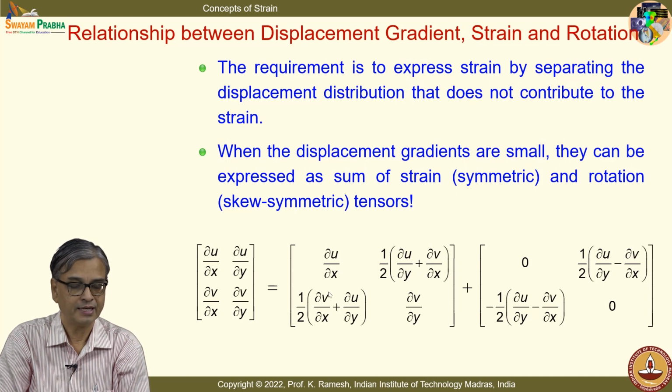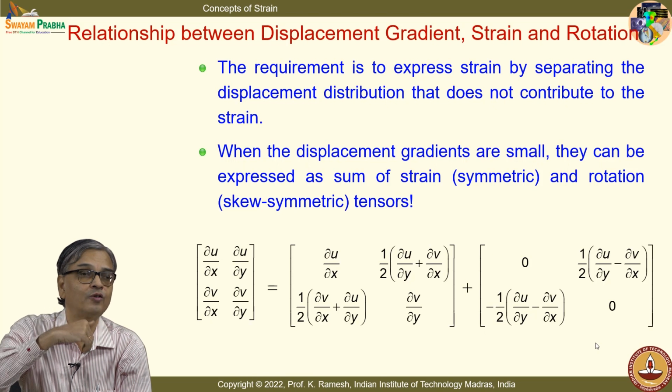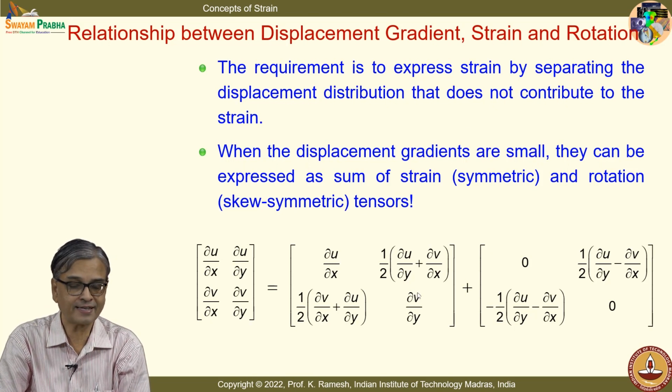These are all equivalent values, though the order is written in a different fashion here. One is epsilon xy, another is epsilon yx, and I have dou v by dou y, plus this defines a rotation about the z axis. So, when I sum this, am I not getting dou u by dou x, dou u by dou y?